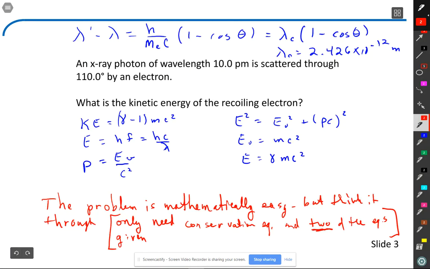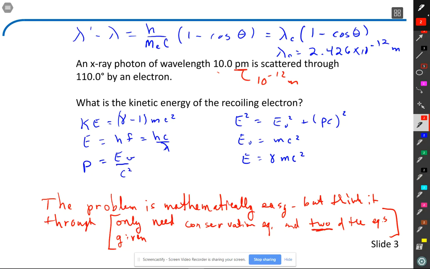Okay, now you have a problem. And notice I put a lot of writing on here, and then at the bottom I said only 2 of the equations I wrote are necessary. An X-ray of wavelength 10 picometers, remind us all, what is a picometer? 10 to the minus 12 meters, is scattered through 110 degrees by an electron.